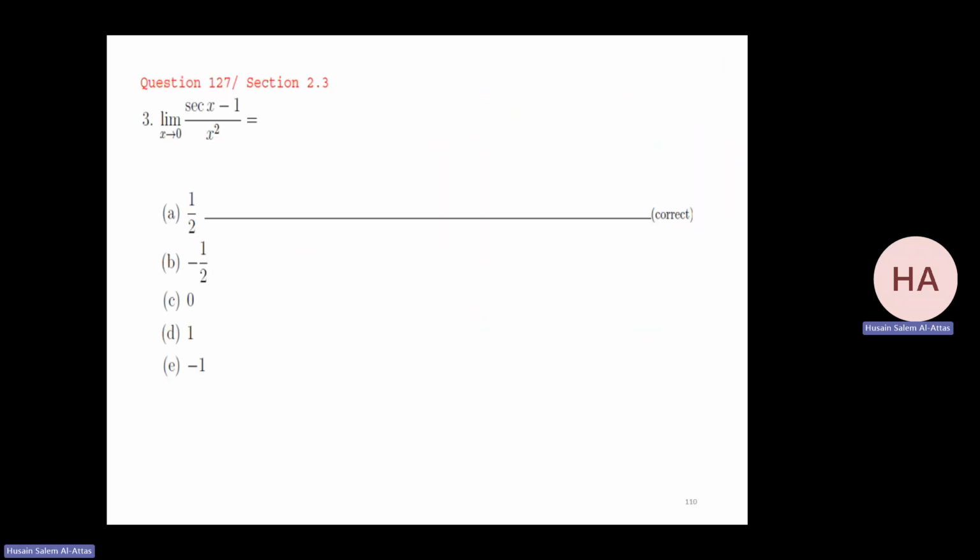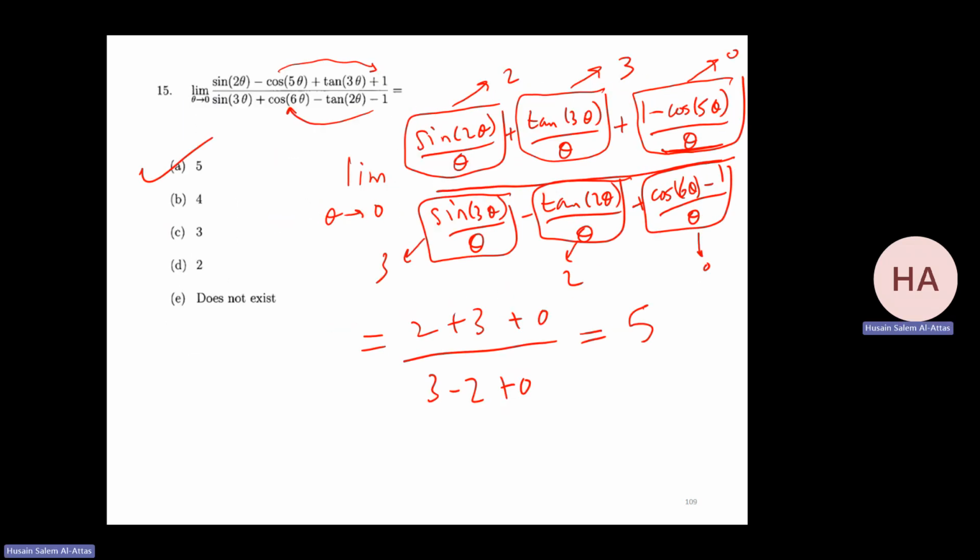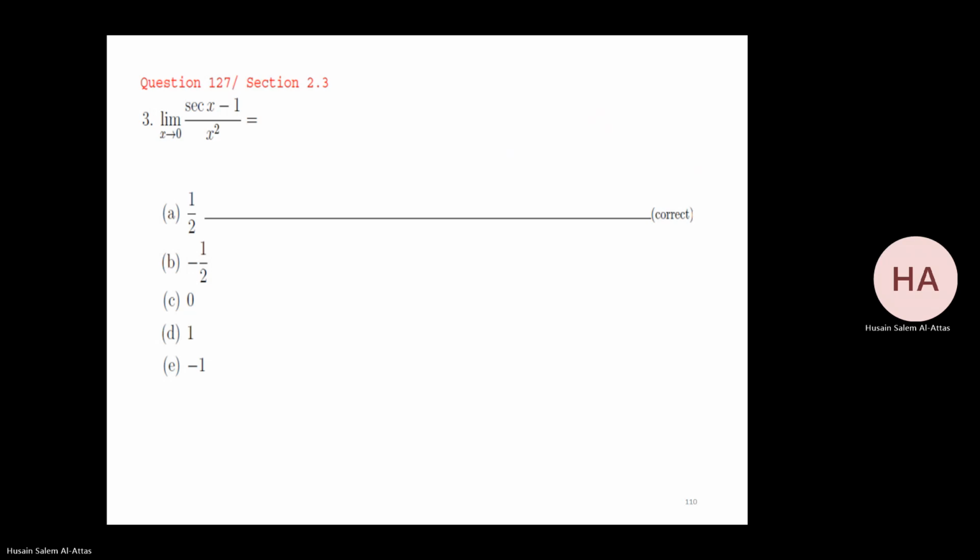Okay. Sometimes this dividing by x will not help. Secant x minus 1 over x squared. That's still 0 over 0. Okay. What shall I do? Sometimes you need to multiply by the conjugate. Or, I mean, try to rewrite the function in a different way. So in this case, I multiply by secant x plus 1 over secant x plus 1. Why will that help?